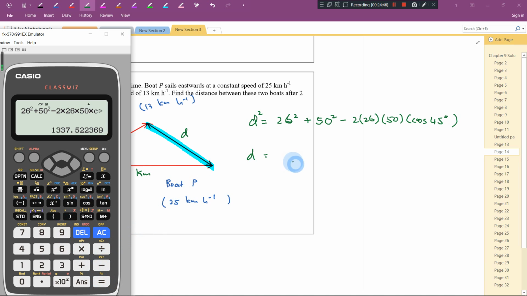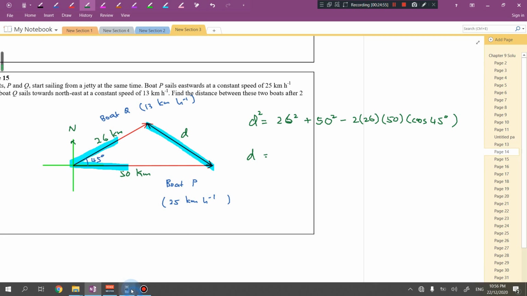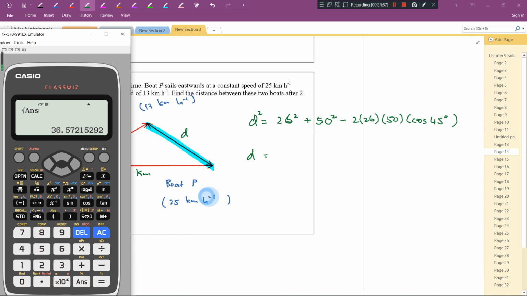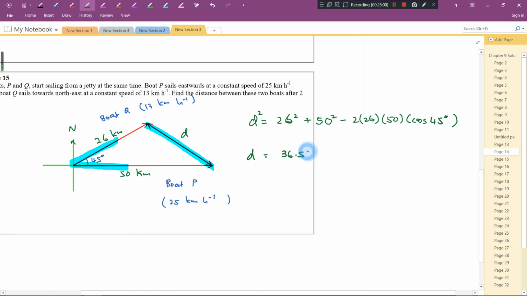Now you get this one, so you just square root this whole thing, and you get the answer 36.57 kilometers. So the distance between both boats P and Q is equal to 36.57 kilometers. This is how we solve questions related to the cosine rule.